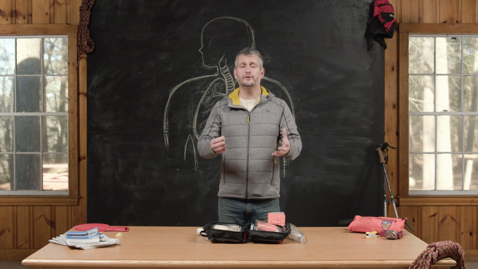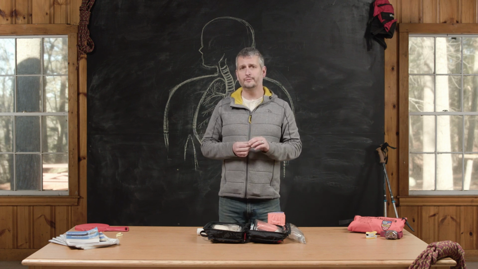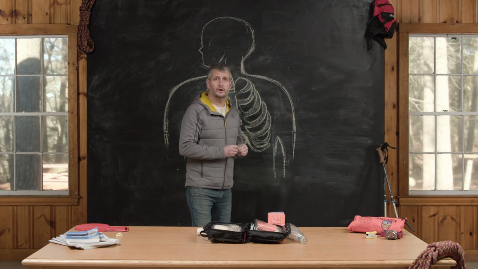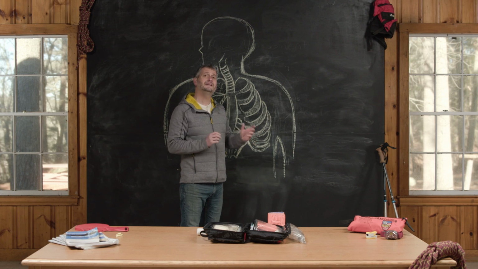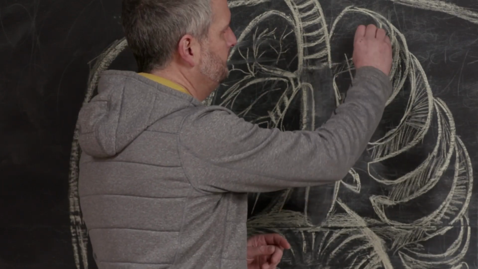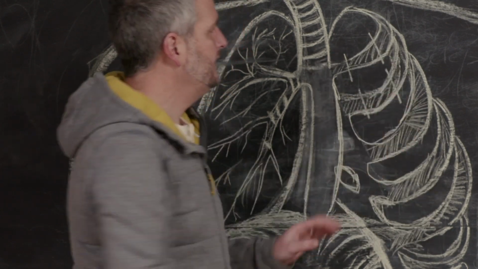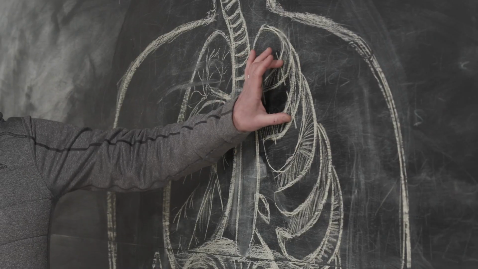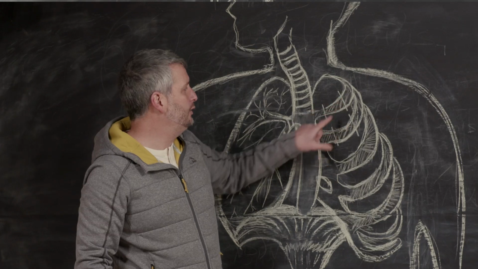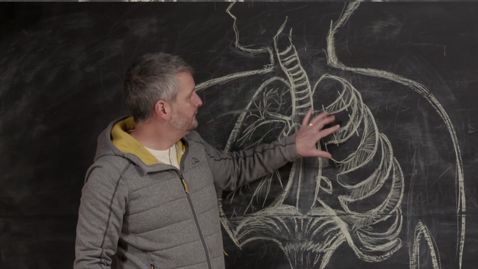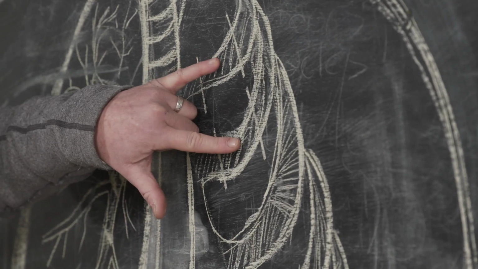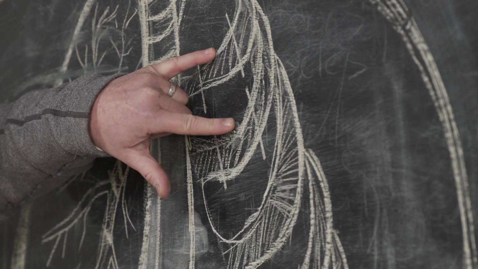Remember, everything we do is based on pressure when we breathe. If I have multiple rib fractures, that segment of rib that's no longer attached is going to move independently of the rest of the chest. If I have these fractures right here, these bones are no longer connected. What it means is that this segment has no structure to it.